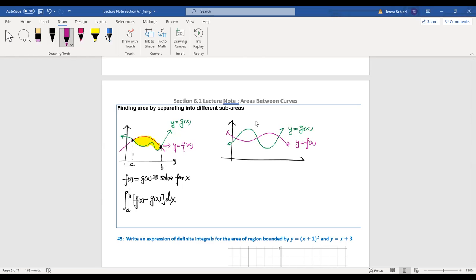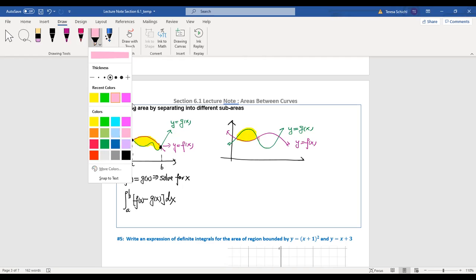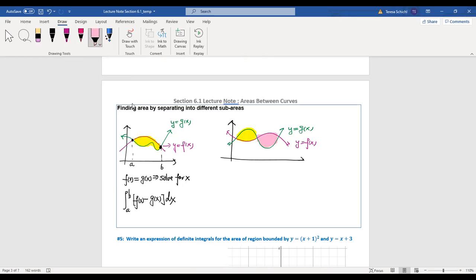The first thing is to find the area between those two curves. This yellow area is between these two curves, and this light pink area is between these two curves here.